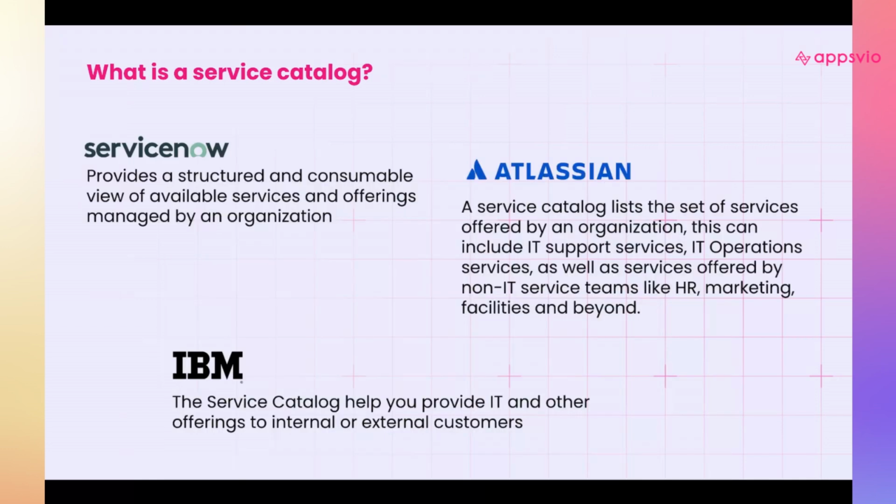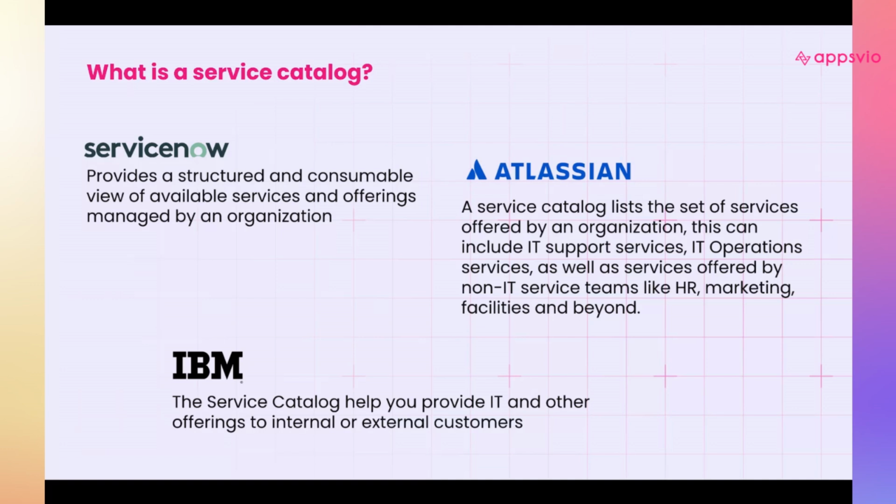So let's move on to the next section. Let's try to find an answer to the main question: what is the service catalog? ServiceNow defines a service catalog as a structured view of available services and offerings. IBM speaks about offerings to all types of customers. And Atlassian defines it as a list of services offered by a company.